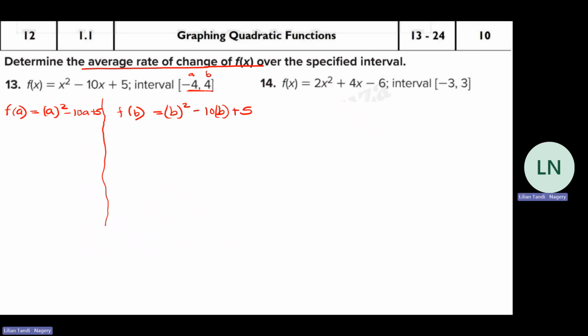You're going to replace these values in the equation. So here, f of -4 is (-4) squared minus 10 times (-4) plus 5. Here you're going to have f of 4 is 4 squared minus 10 times 4 plus 5.